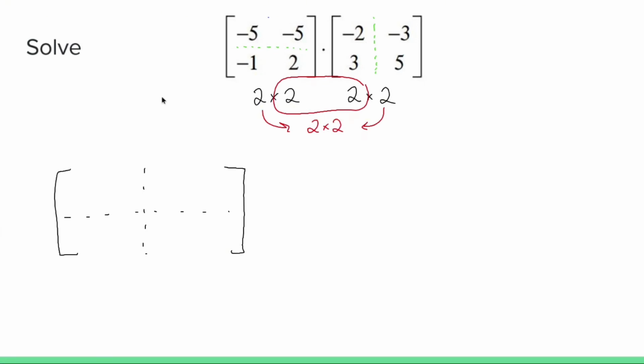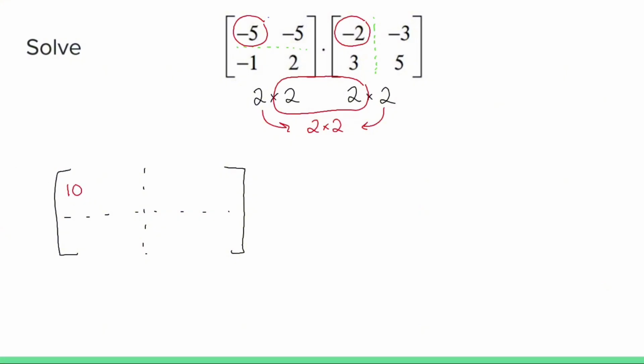Be very careful. The first row, first column in our resultant matrix is going to be the result of taking the first element of this row and multiplying it by the first element of that column. So negative 5 times negative 2 is positive 10.